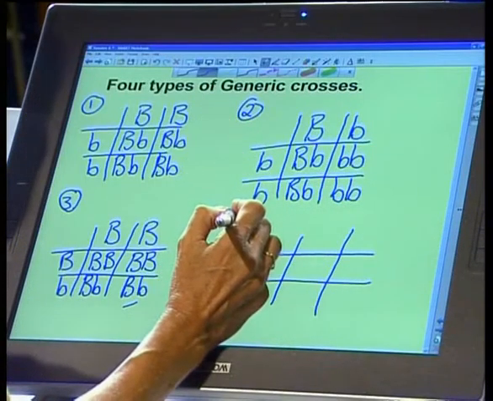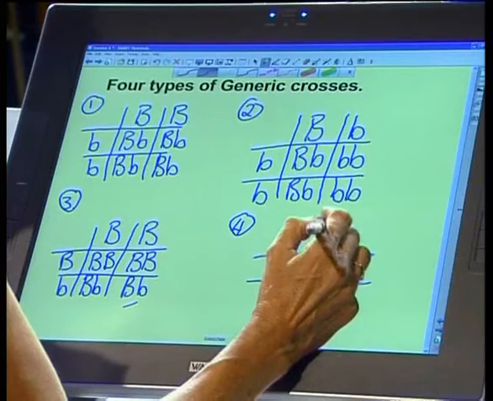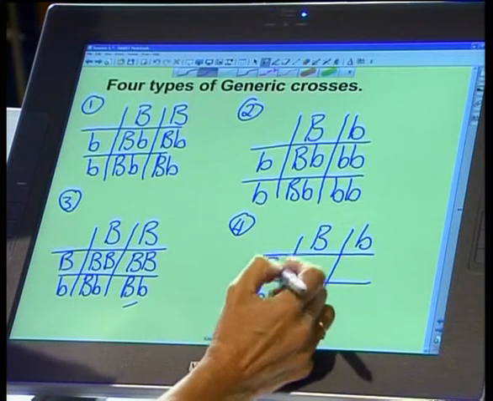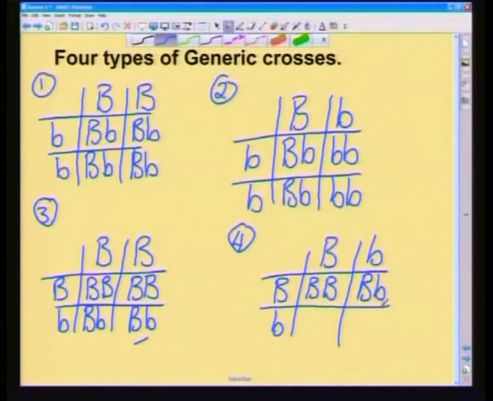All right, then our 4th one is going to be a heterozygous and heterozygous cross. So here we'll have a capital B, small b, the same here.